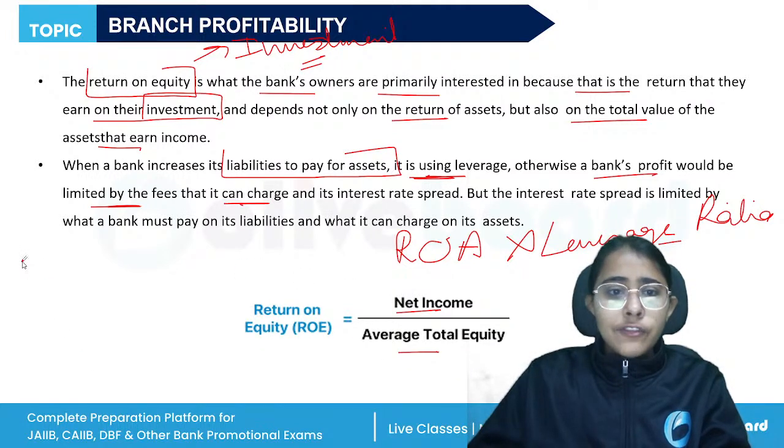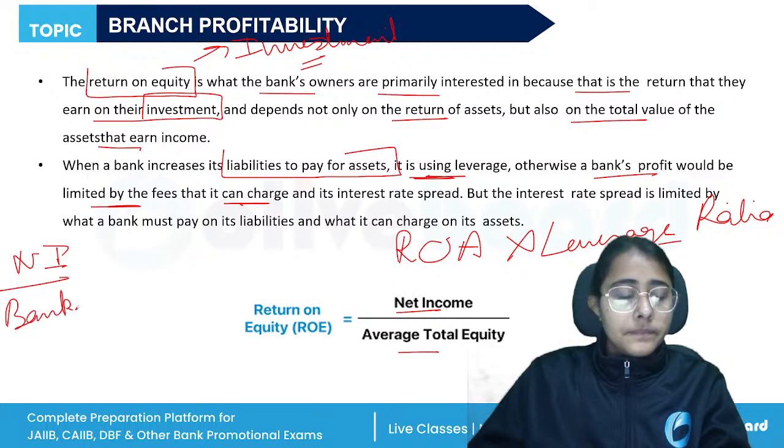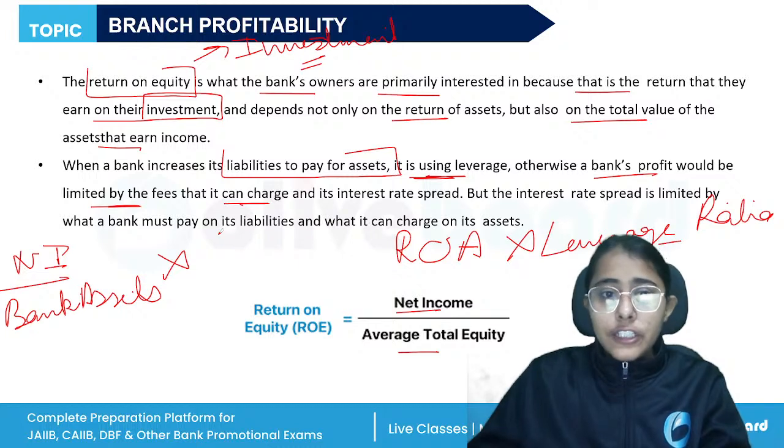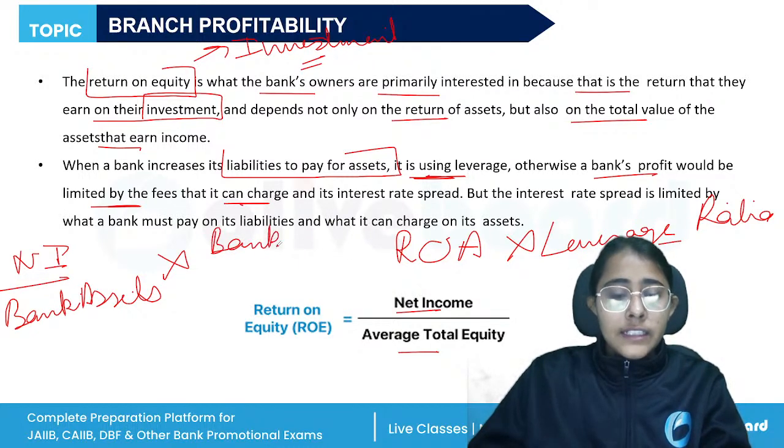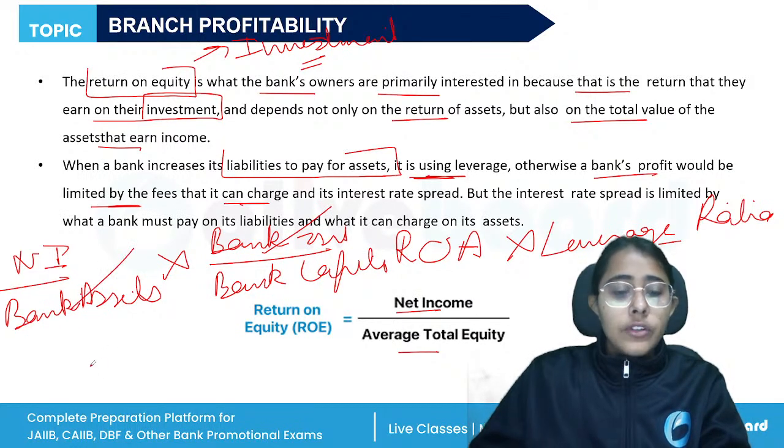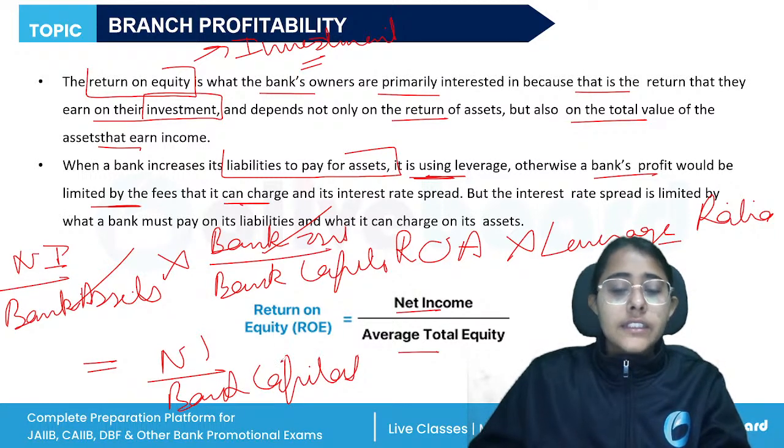The return on assets formula, which is net income divided by the bank's assets, multiplied by the leverage ratio, for which the formula is the bank's assets divided by the bank's capital. We can simply cancel the assets out and the return on equity will be the net income divided by the bank capital. So this is the return on equity formula, right?